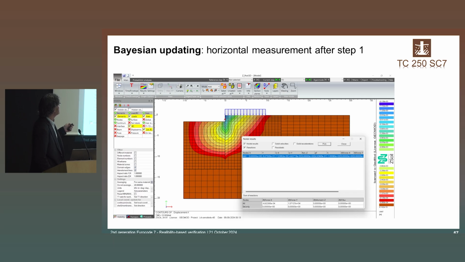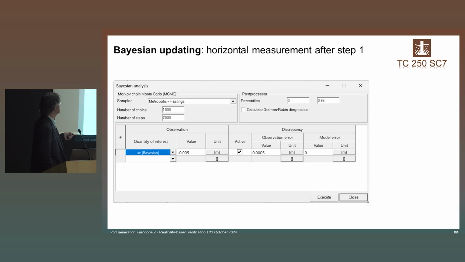Meaning that you see here that just after the first excavation, before I put my strut here, I have computed a maximal horizontal displacement here of 7 millimeters. Now, if I have an inclinometer, and this inclinometer tells me that this is not 7 millimeters as I computed, but this is actually 5 millimeters.